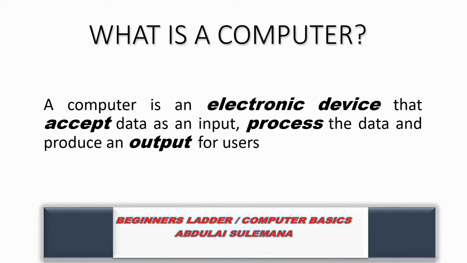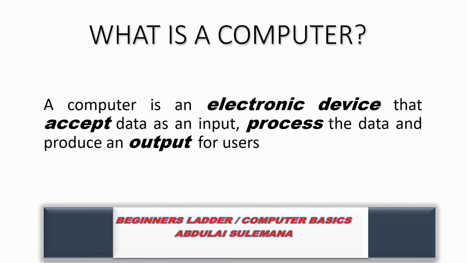Basically, a computer is an electronic device that accepts data as an input, processes the data, and produces an output for users. From the definition I've provided, you could see that I've mentioned some couple of words. So let's tackle the main ones. I said a computer is an electronic device.